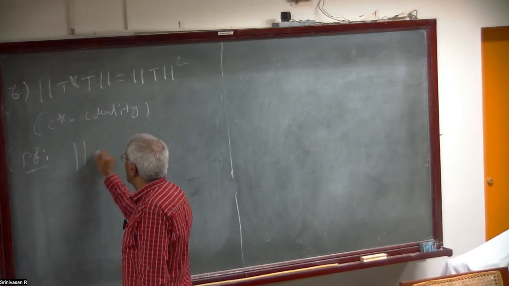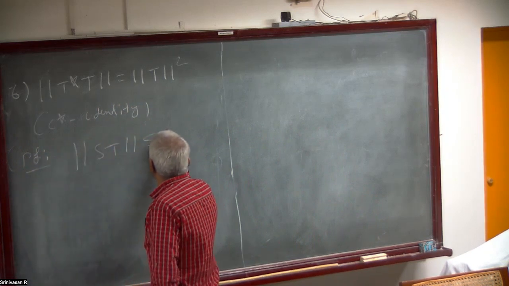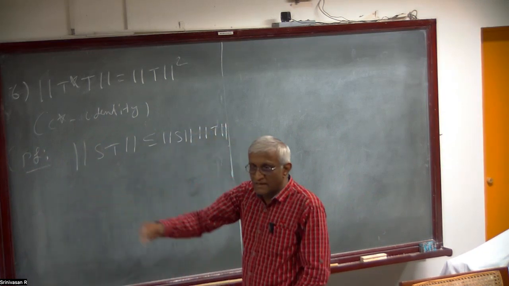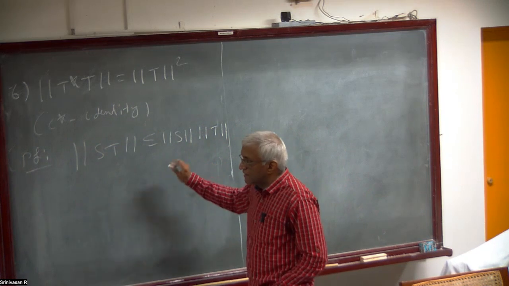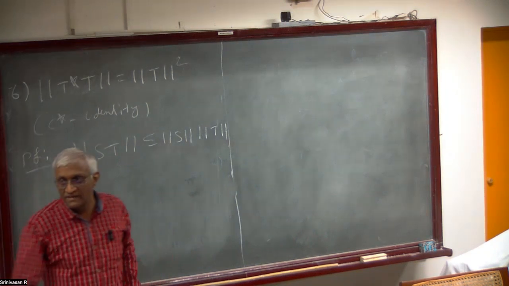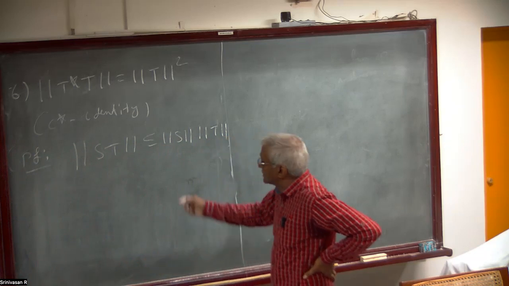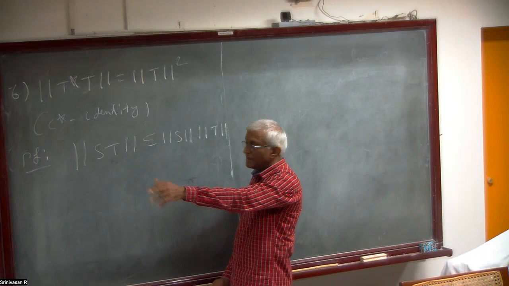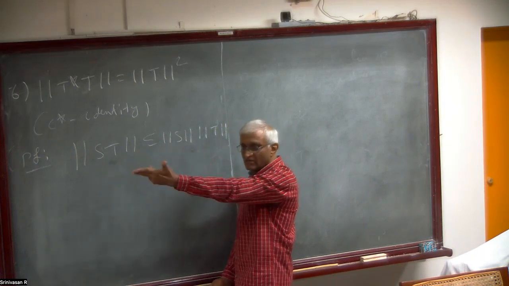And generally, for any operator, the norm of ST is less than or equal to norm S times norm T. That's because the norm of T is the infimum of all those constants, and norm S times norm T will be one of those cases.